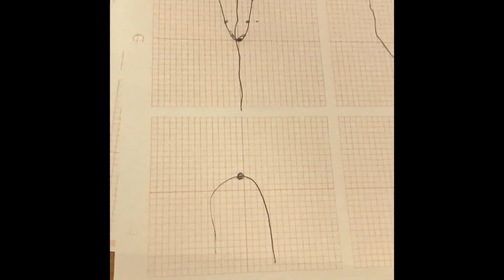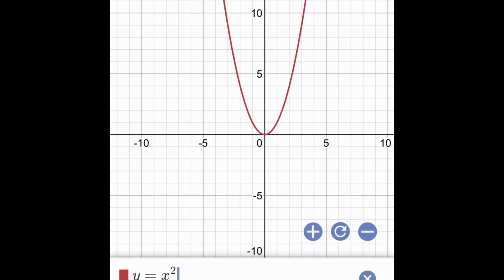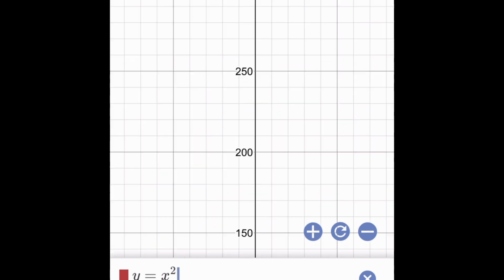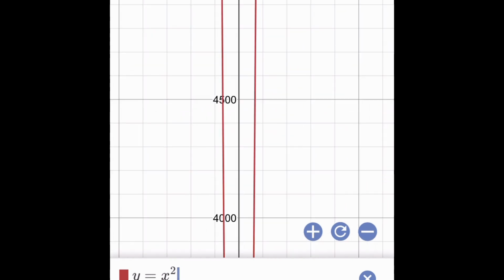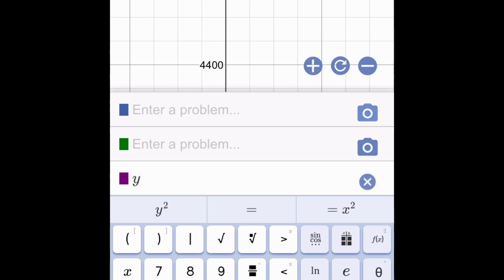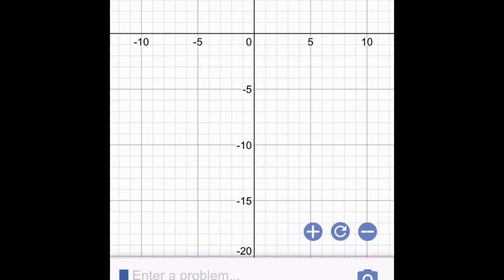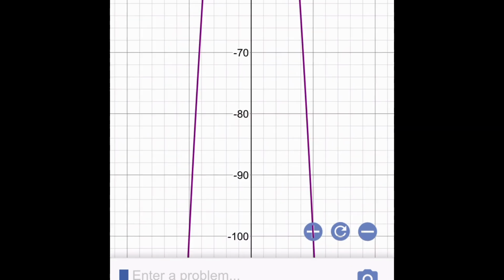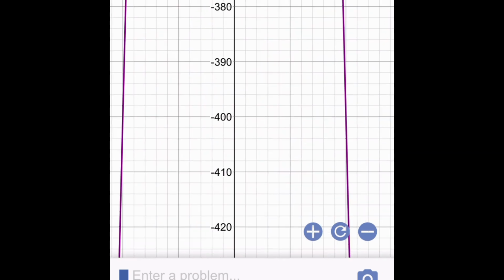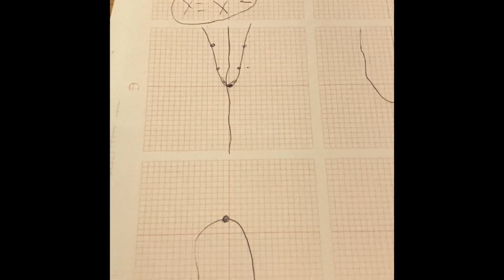Here's an example where that would happen. So that is the minimum and maximum.